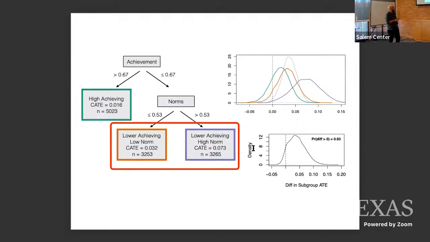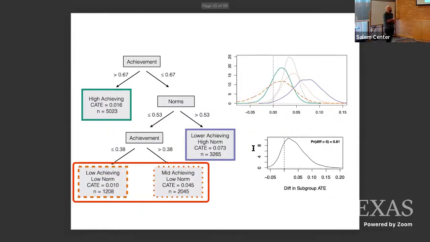I can look at, for example, the posterior not just for the conditional average treatment effects themselves, but actually the difference between different groups. Here I'm showing you in this plot the posterior distribution of the difference in subgroup average treatment effects between these 2. That gives me an idea of how likely it is that this difference is meaningful or real. If I keep growing my tree, I get another cut down here that's actually on achievement.